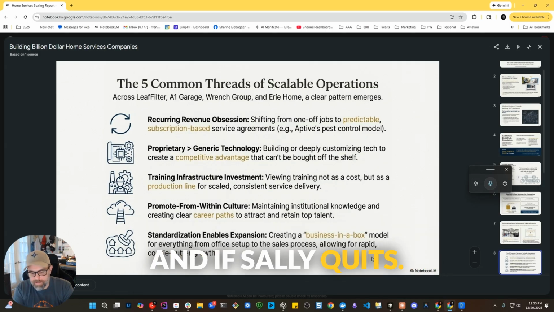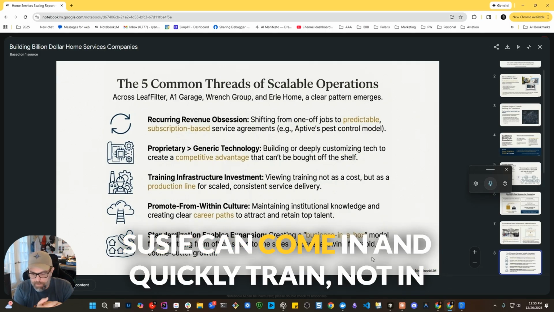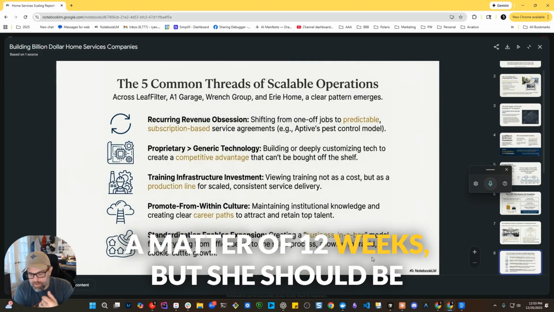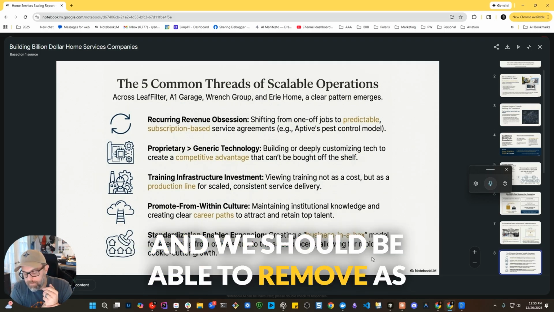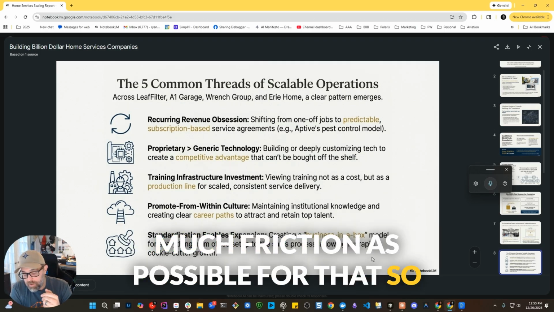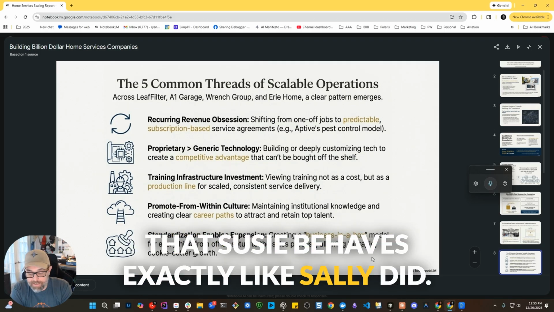And if Sally quits, Susie can come in and quickly train, not in a matter of 12 weeks, but she should be able to quickly get to her job description. And we should be able to remove as much friction as possible for that, so that Susie behaves exactly like Sally did.